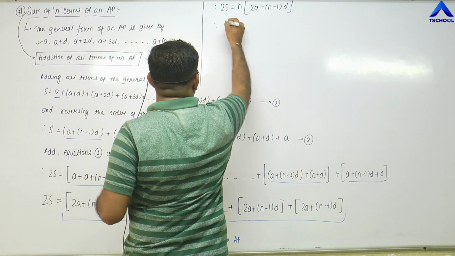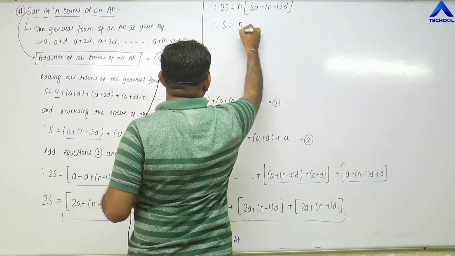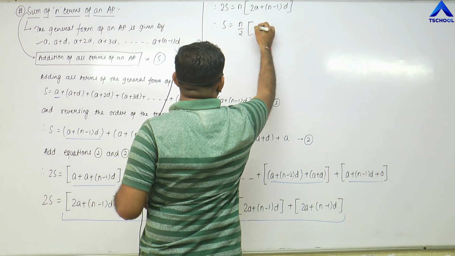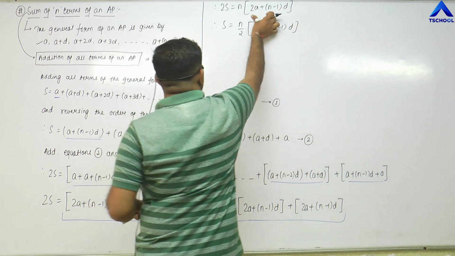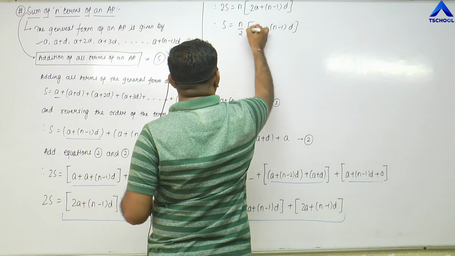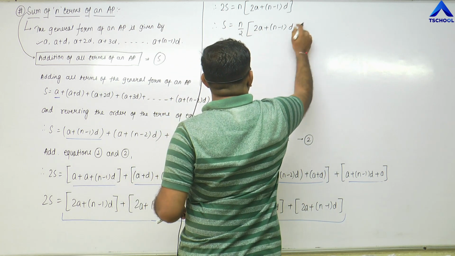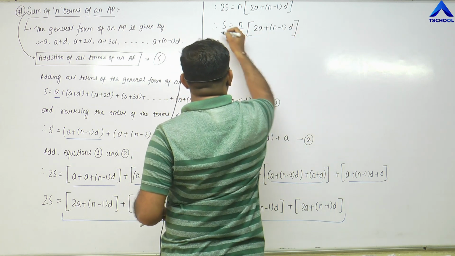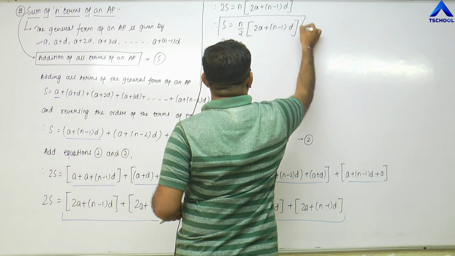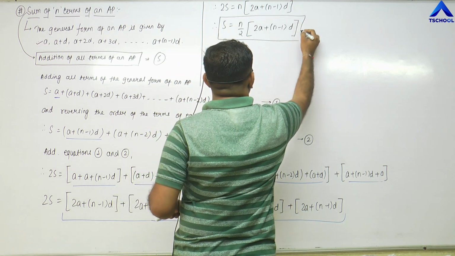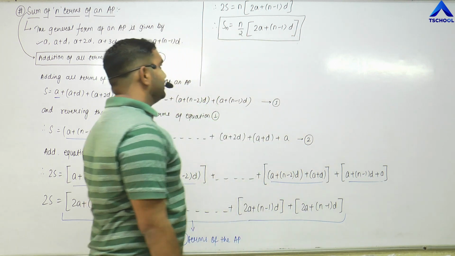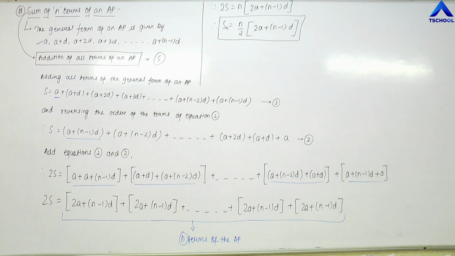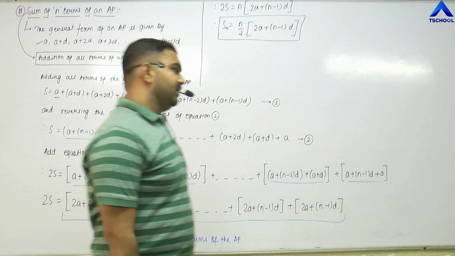And this 2 will go under there, that is s equals n by 2 into 2a plus n minus 1 into d, right? So this is the important formula that you are going to remember for finding out the sum of first n terms of an arithmetic progression, that is given by Sn equals n by 2 into 2a plus n minus 1 in brackets of d, right?